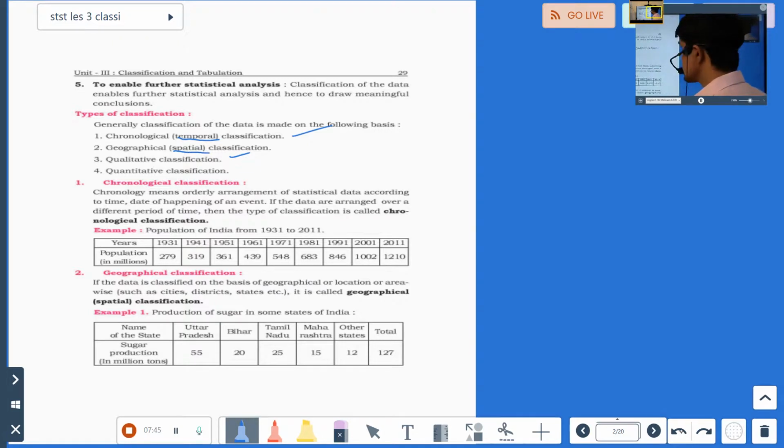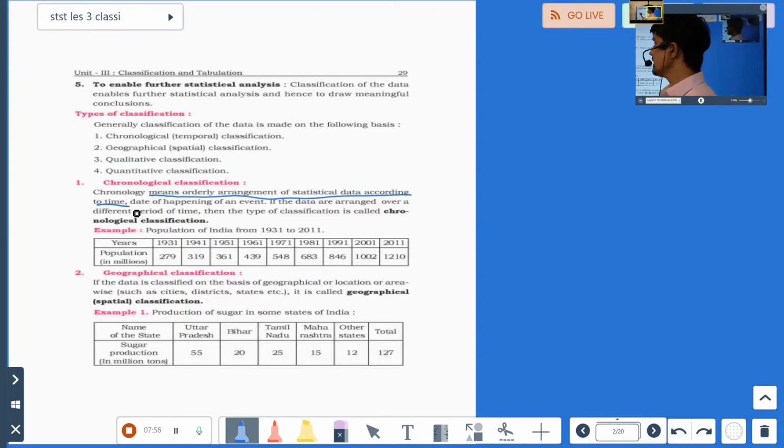First one, chronological classification. Chronological means what? Chronology means orderly arrangement of statistical data according to time or date of happening of an event. According to the time. Chronology means time. Remember, one after the other.